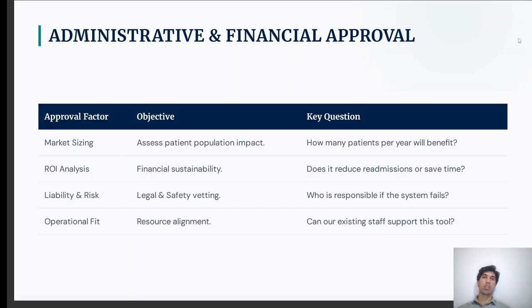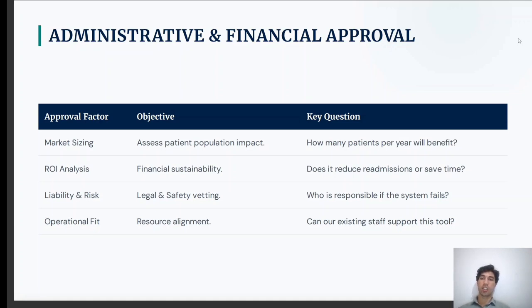And finally, the tertiary stakeholders are the administrative and financial staff. Their approval includes different factors, like market sizing. The objective is to assess and evaluate the patient population impact, for example, how many patients per year will benefit from this project.